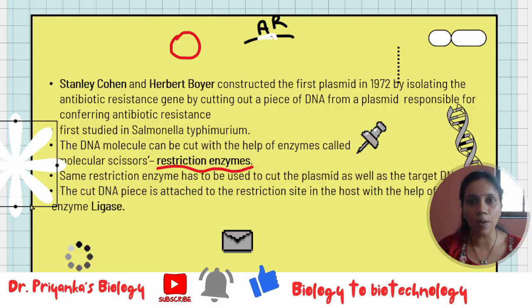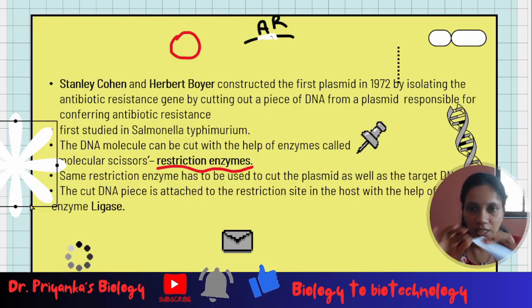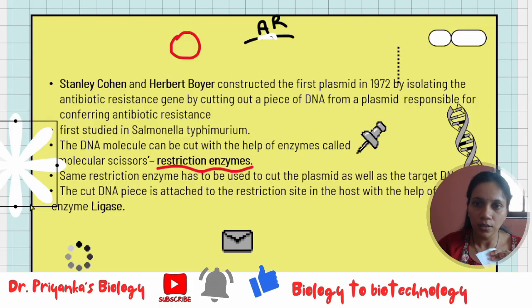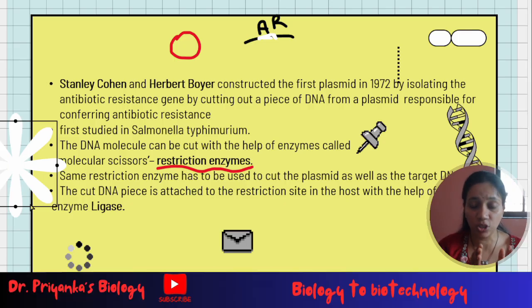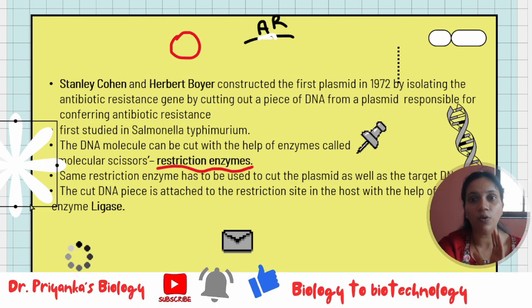So why I am giving you this example is basically I want to tell you that these restriction enzymes are also designed in a very specific manner, the way I need a particular type of scissor to cut this piece of paper and a different scissor for cutting a thicker part of that book. Same way, different restriction enzymes are required for cutting different types of DNA. We simply cannot use any restriction enzyme for cutting any type of DNA. That is point number one.